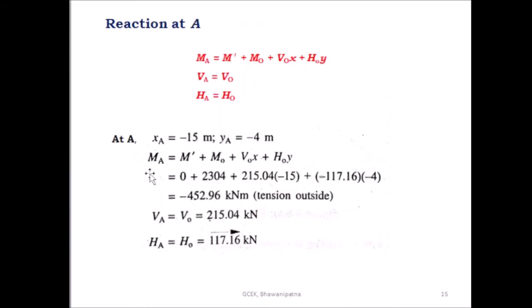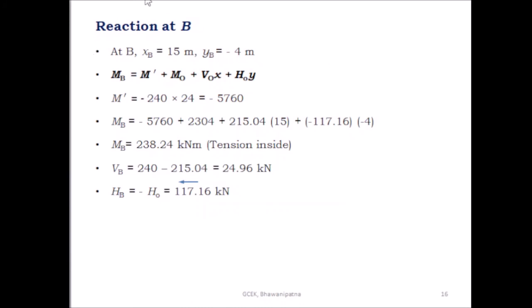So these are the reactions at A: MA is equal to minus 452.96 kilonewton meter, VA is equal to 215.04 kilonewton, and HA is equal to 117.16 kilonewton. Then find out the reaction at B.